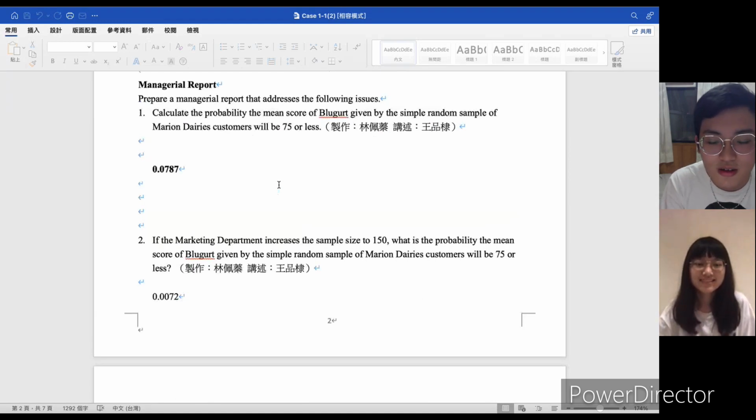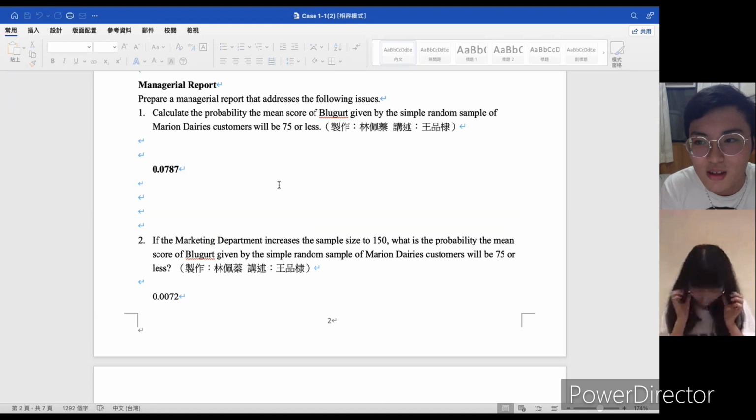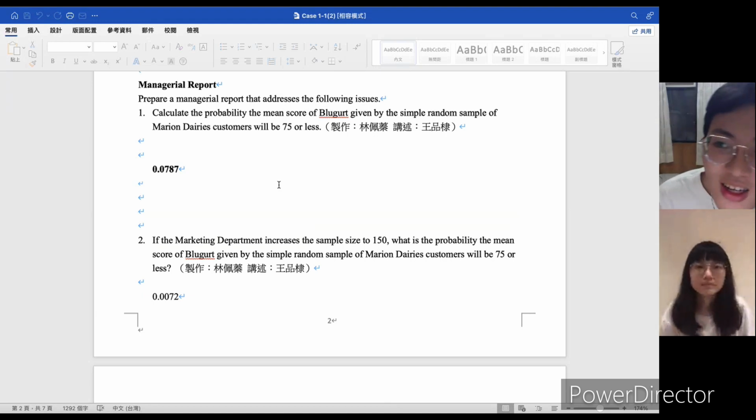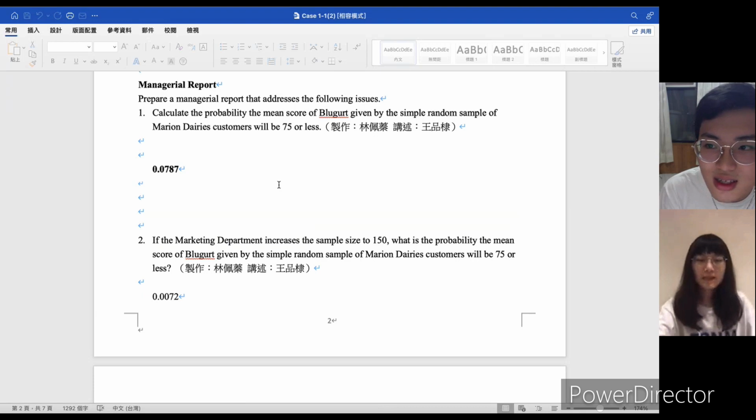For question 1 of problem 1, according to the problem, the population is 50, the mean is 80 and the standard deviation is 25. We use the formula to calculate, and we get the z of 1.41.